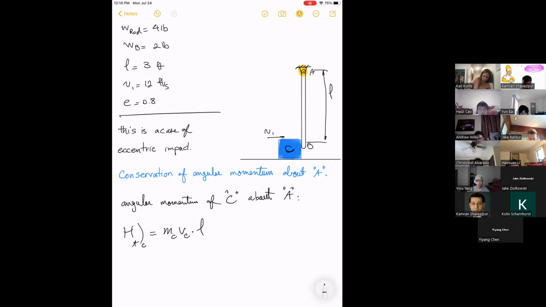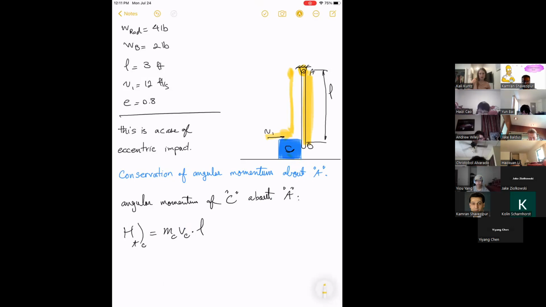The distance is this much, if you neglect the size of this and suppose that it just goes to the tip. Any question about this? This is how you find the angular momentum of a particle. Velocity times distance, right?